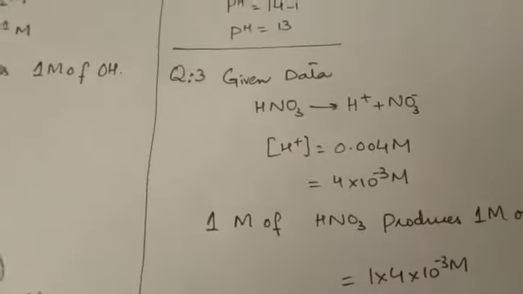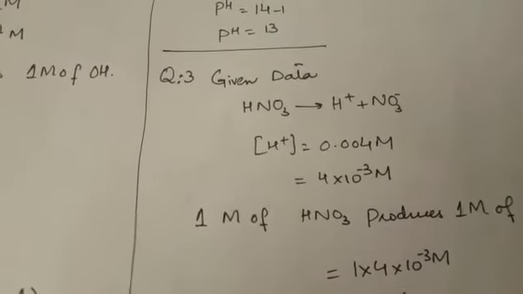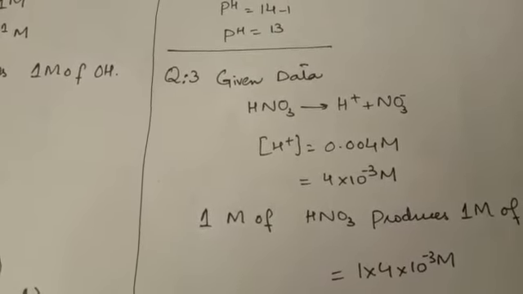The last is question number 3, the last question of the chapter: calculate the pOH of 0.004 M HNO3.